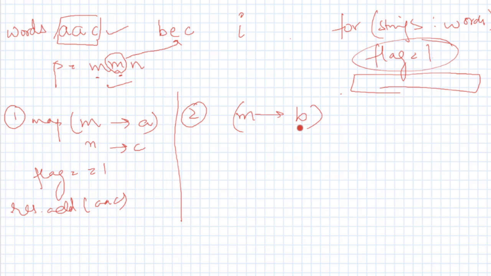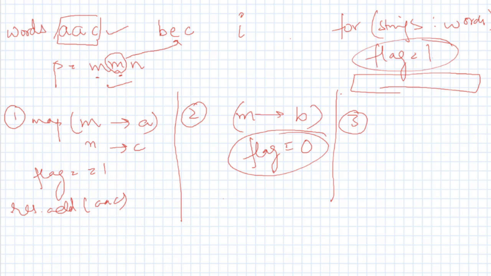Initially the mapping was B, but now when you check, B is there and not E, so you violate it. Flag becomes 0. As soon as your flag becomes 0, come out of this and move to the next iteration because you don't have to do anything. And the same for the third, as the length is not equal, we're not doing anything.